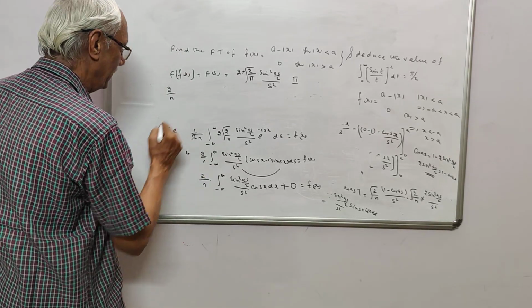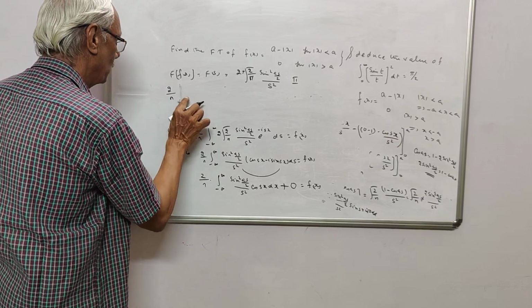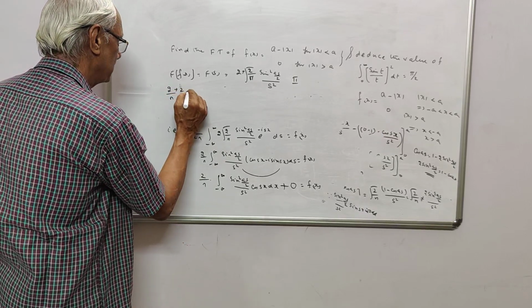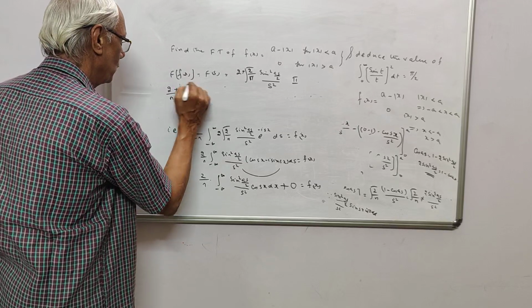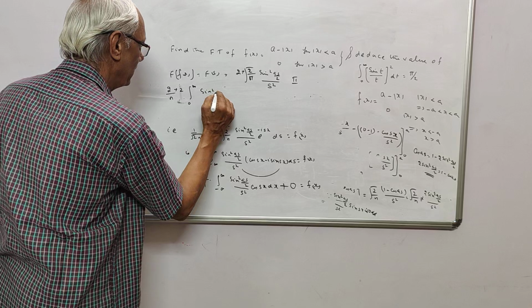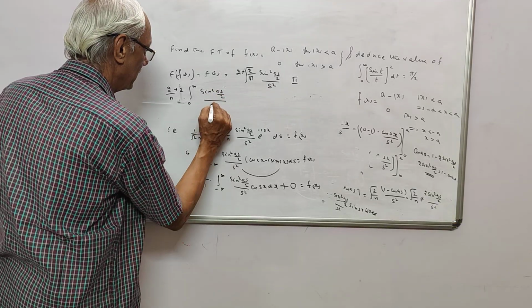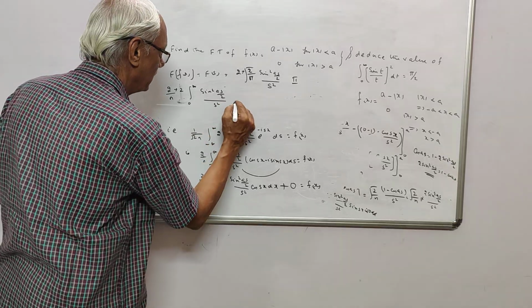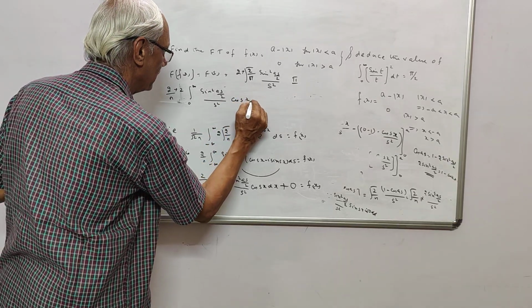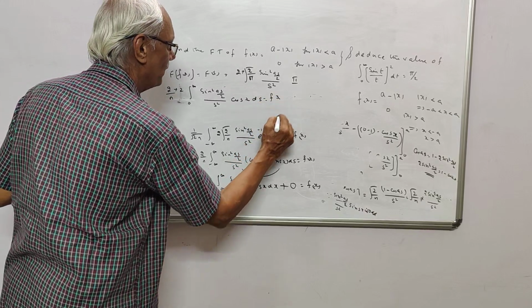So it is 2 by pi minus, it is 0 to infinity, because using the properties of definite integrals, 0 to infinity of sine squared as by 2 divided by s squared into cos sx ds is equal to f of x.